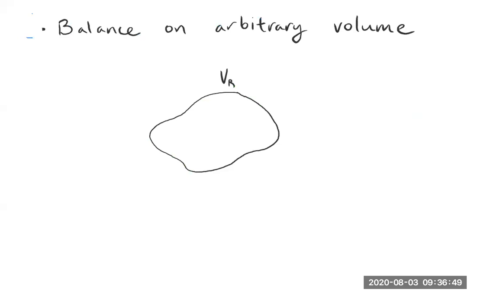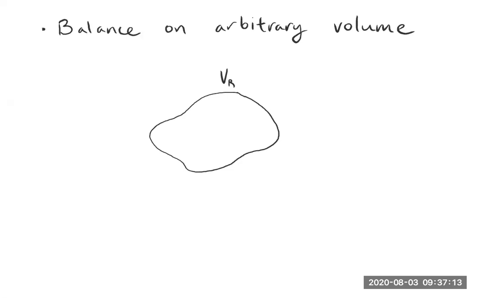So now if we want to start working our way towards a design equation, rather than focus on a particular type of reactor, we're going to start with a general mole balance. And so this way we can use it to come up with any of our design equations.